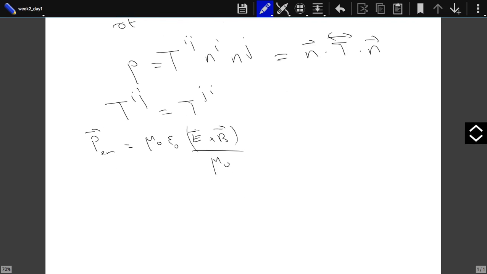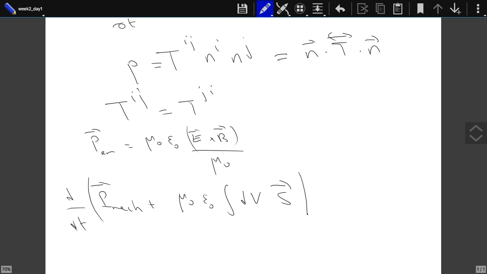You see, what we had proven was this one: P mechanical plus mu 0 epsilon 0 dV S. When we looked at the rate of change of this quantity, this was equal to minus dA Tij. So this is what we had proven. The integral over the volume of this quantity gives me the electromagnetic momentum, so we can identify this as the electromagnetic momentum density.